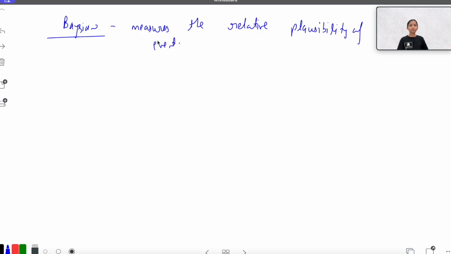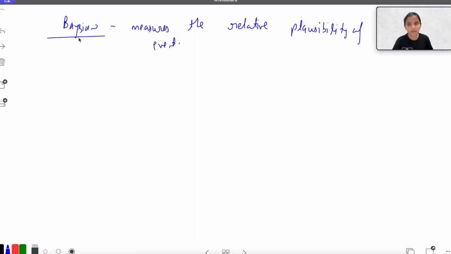Okay, so relative plausibility means that it would be under some evidence, some facts, so it will be related to that. We will be considering some evidence and facts when we are talking about Bayesian.